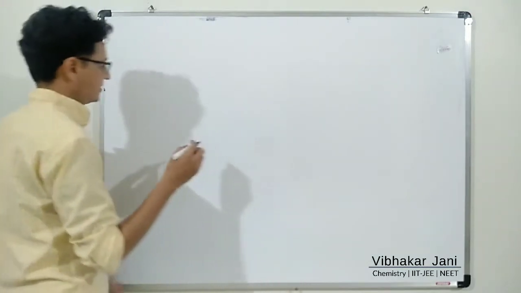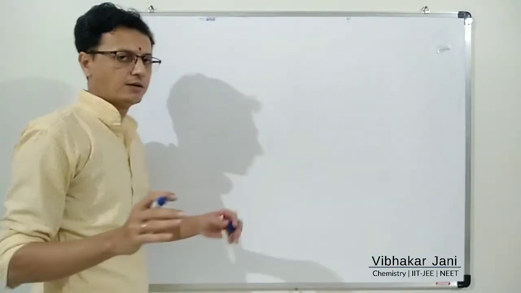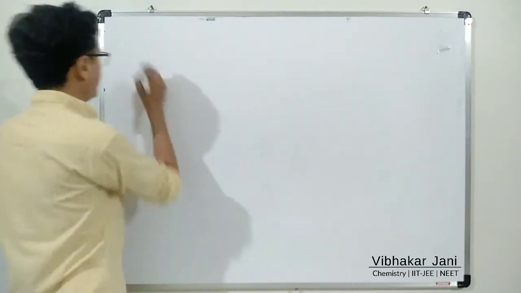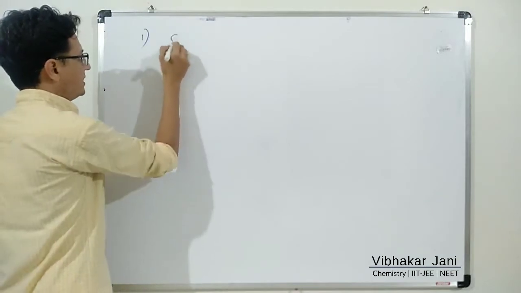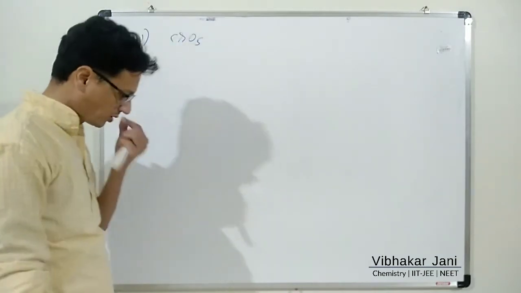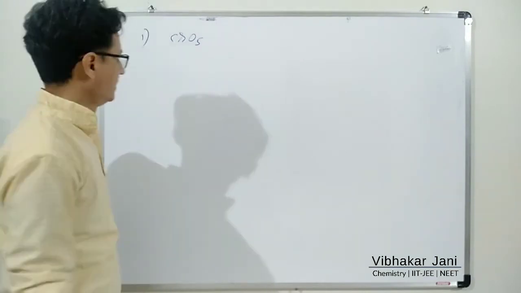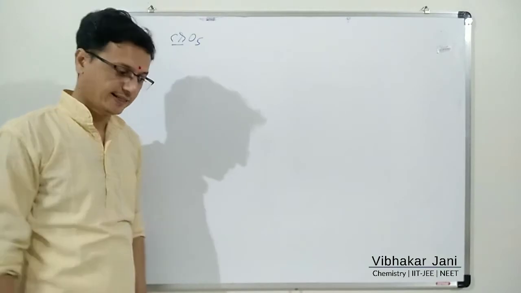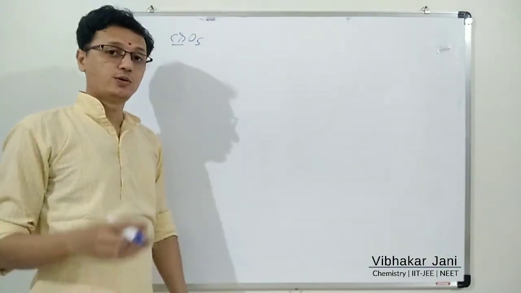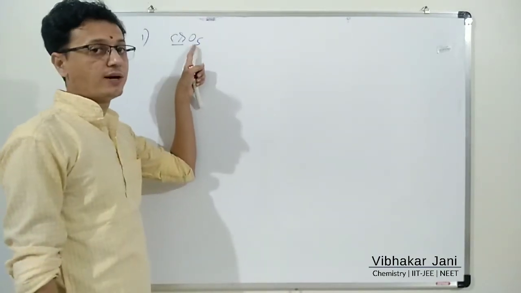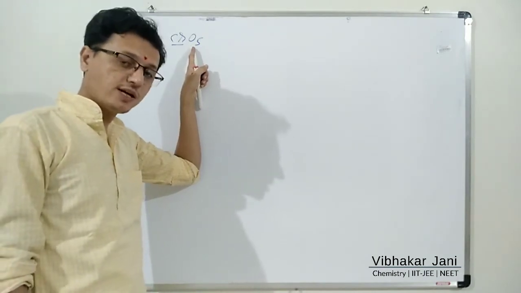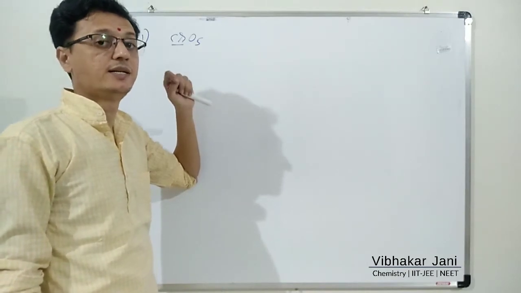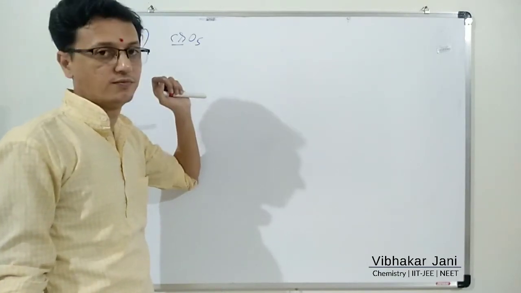First of all, we are going to see 2 or 3 special compounds. The first compound for today is CrO5, chromium pentoxide. If we want to find the oxidation state of chromium in this compound, note that all 5 oxygens do not have the same oxidation state, and that can be decided by the structure of this compound.